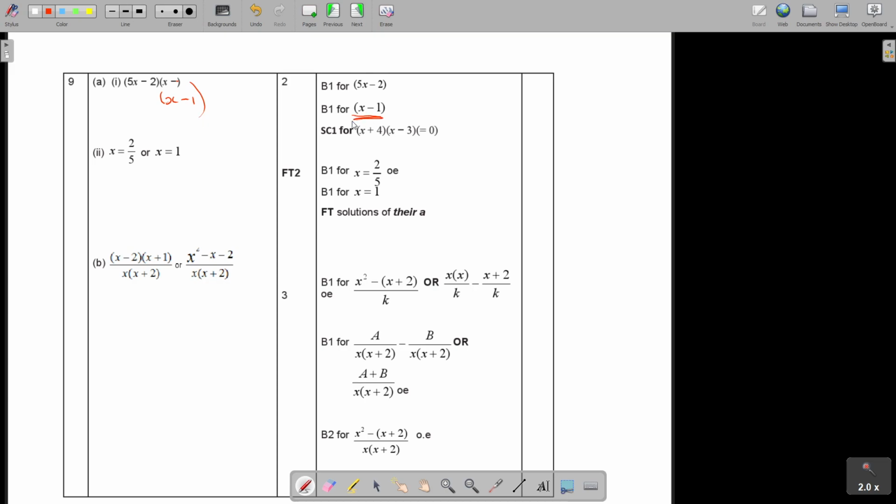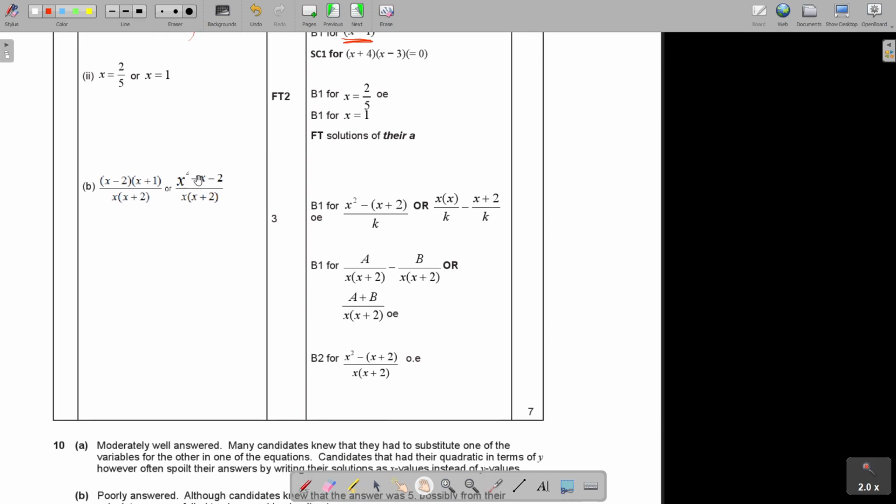Okay, and then follow through for their answers. So they helped you if you did that. And then here, do you see? It's either this one or if you did not factorize the one as I said. So you could have left it like that, or you could have gone to factorize the top and denominator.